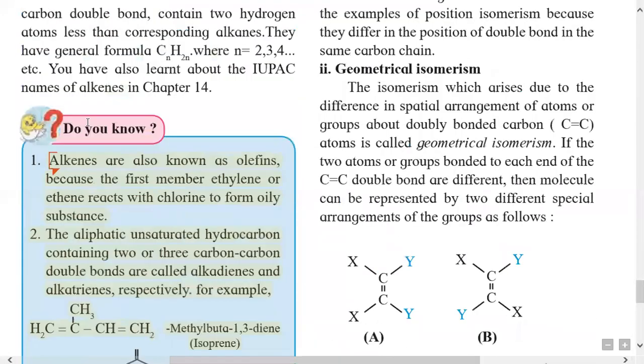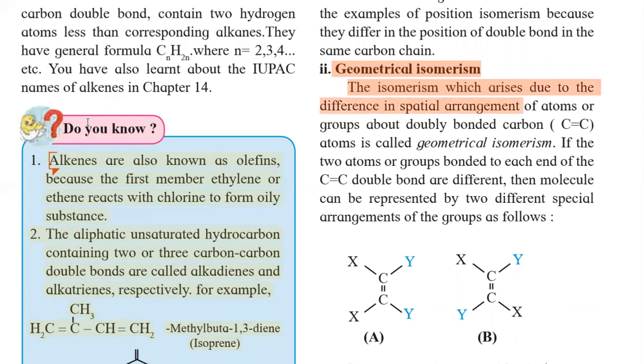The second type of isomerism present in alkene is geometrical isomerism. This geometrical isomerism is due to the difference in spatial arrangement of atoms or groups which are bonded to the carbon-carbon double bond. That is, the arrangement in space of groups around the carbon-carbon double bond is different.